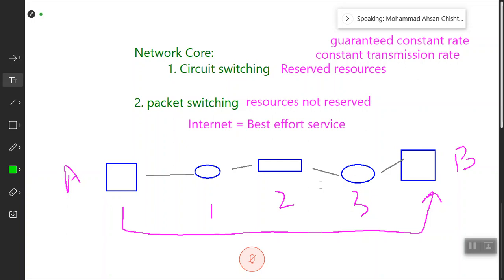It would have a link, let's say my landline, but then this link can be shared by others as well. So in that case, how do we ensure that the link in circuit switching is shared as well as reserved? For that, we have the concept of what we know as multiplexing.